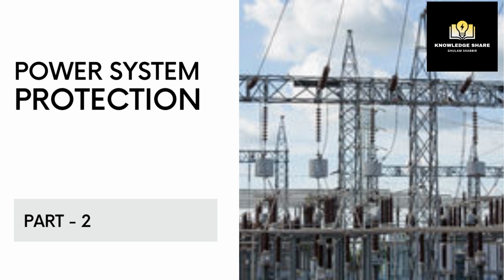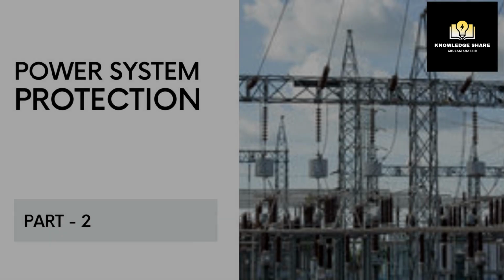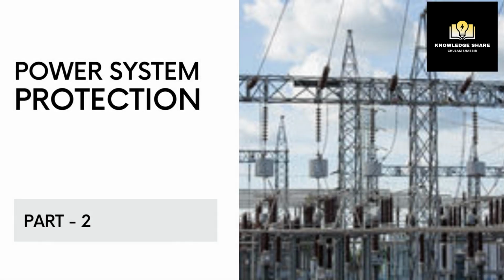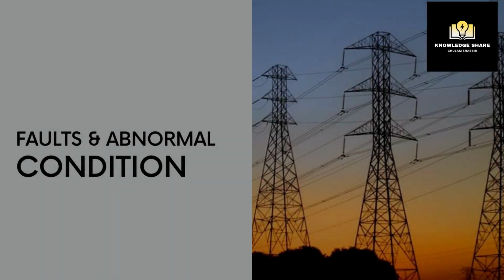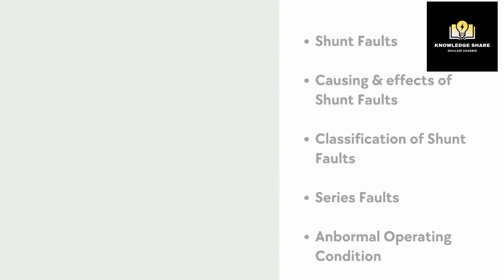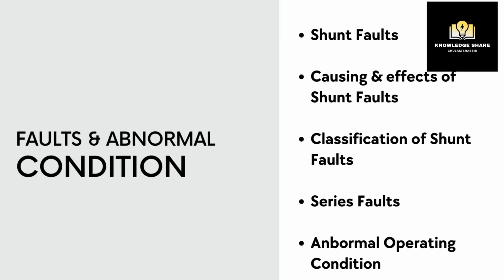In continuation of power system protection series, today we are going to part 2 of this series. In this part, we shall discuss faults and abnormal operating conditions. The following topics will be covered briefly in this session.